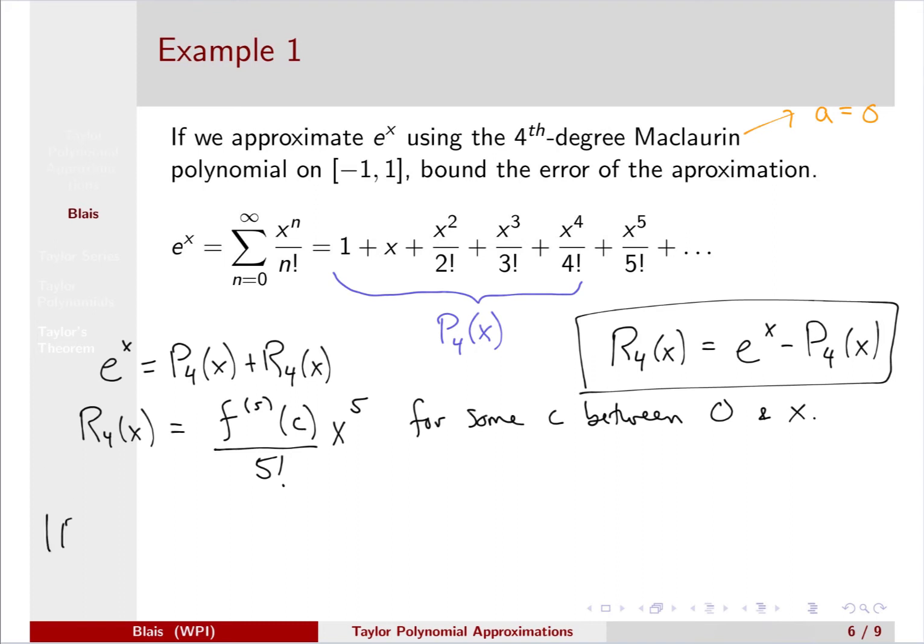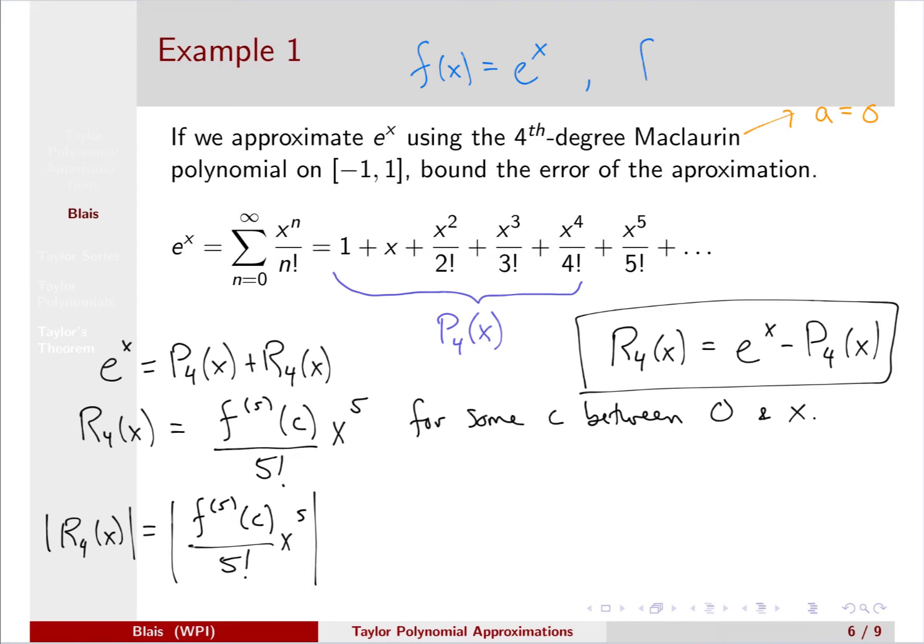So the absolute value of R4 of x is the absolute value of this fifth derivative of f evaluated at c over 5 factorial times x to the fifth. Now let's look over here as an aside and recall that if f of x is e to the x, then any derivative of f of x is equal to e to the x.